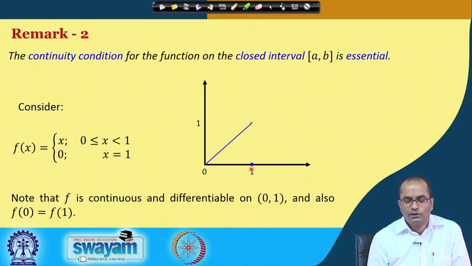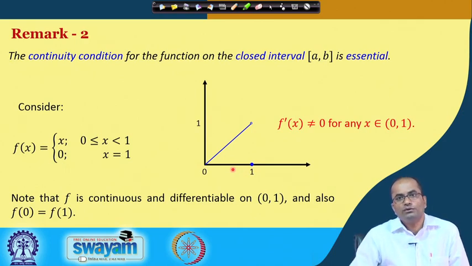So, the function is not continuous at 1, otherwise all other conditions of Rolle's theorem are met. The derivative is 1 everywhere in the open interval 0 and 1, and therefore f prime x is not equal to 0 at any point in this interval.